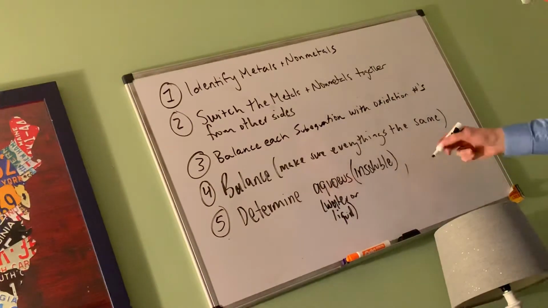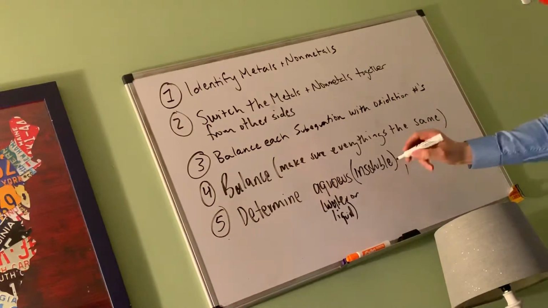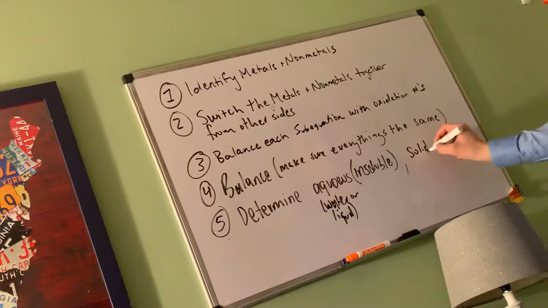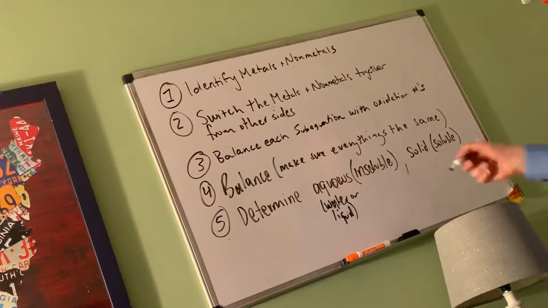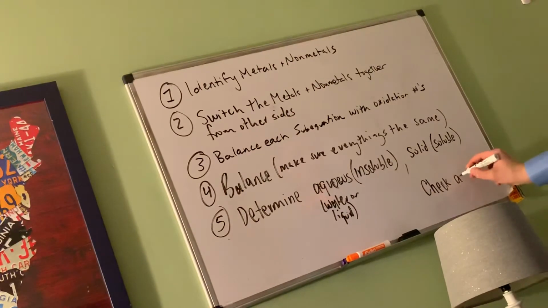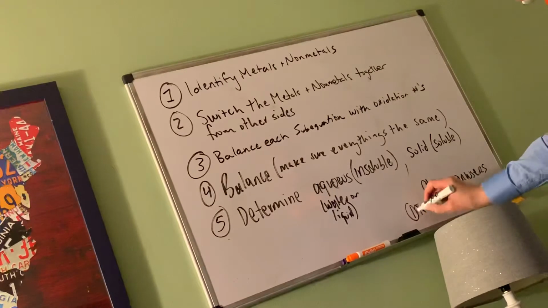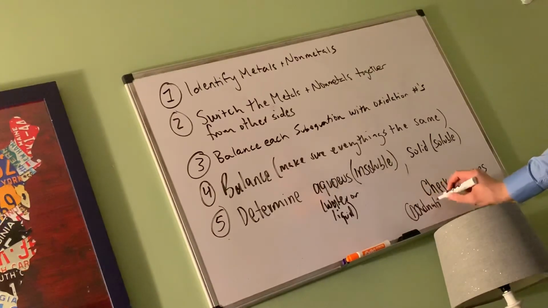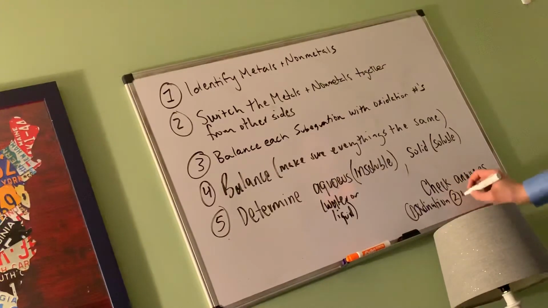Insoluble is just a solid. And then after that, you're done. Just check your answers to make sure they're right. An easy way to do that is to determine the oxidation number first, and then balance the whole thing.